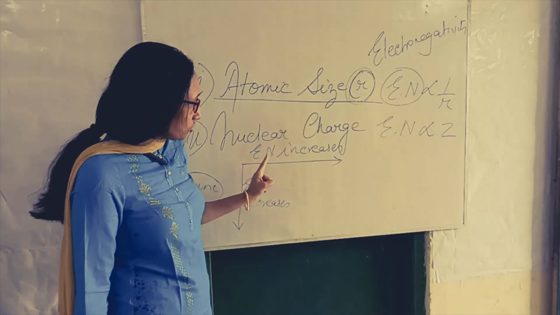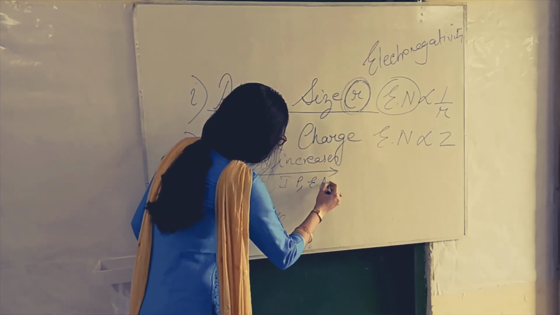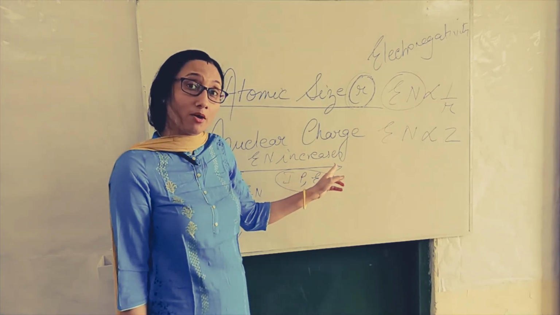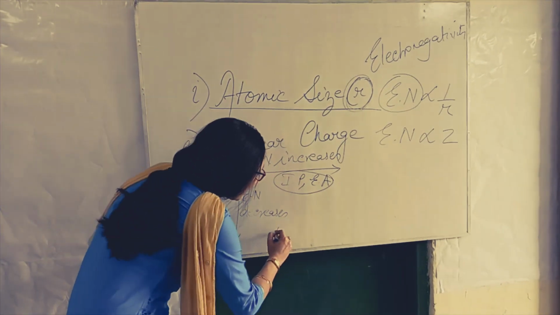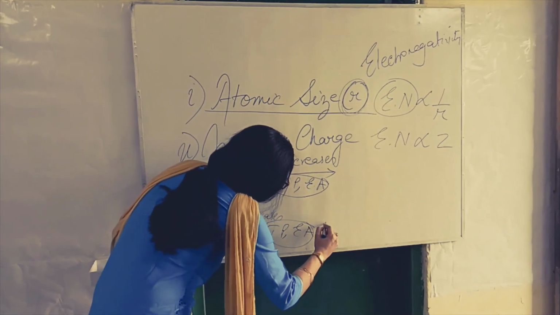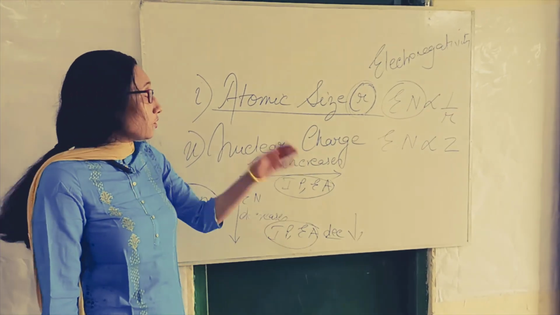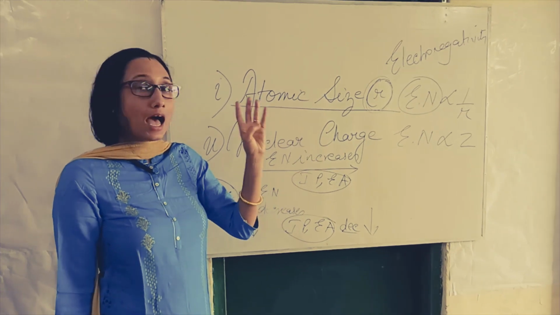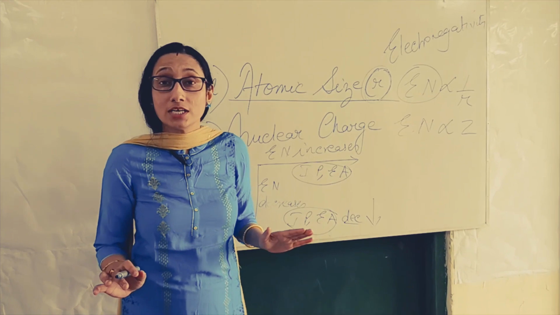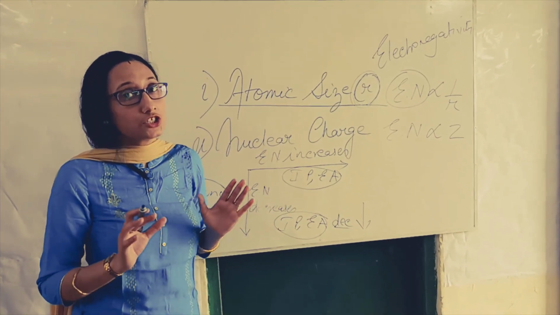I think now try to recall that ionization potential and electron affinity also increase across the period from left to right, and decrease from top to bottom down a group. So electron affinity, ionization potential, and electronegativity follow the same trends across a period as well as down a group.